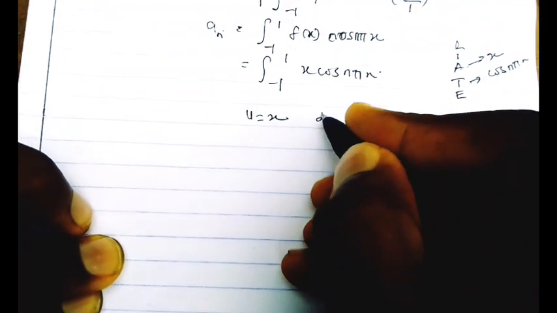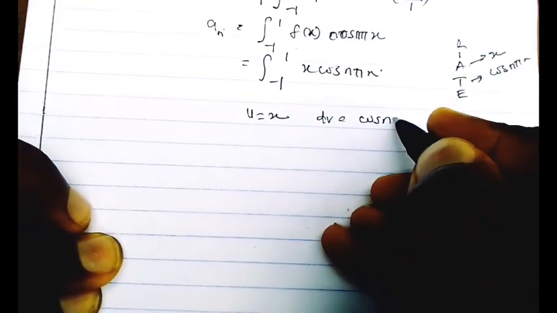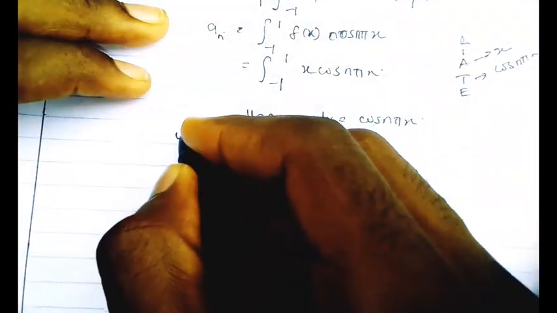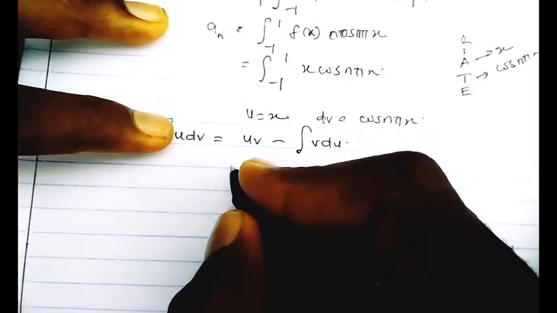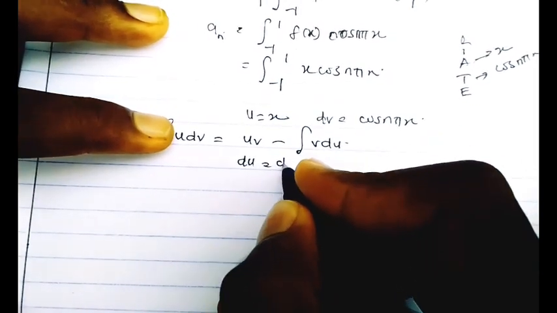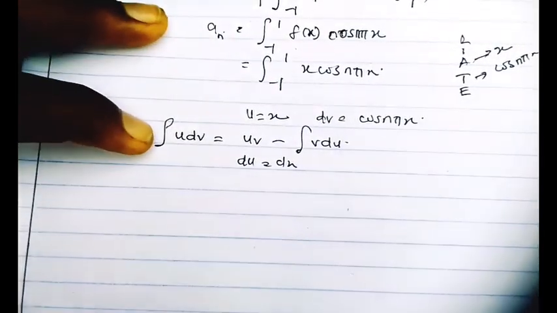So u is equal to x, and my dv is equal to cos n pi x. Applying the normal integration by parts formula, which says the integral of u dv is equal to uv minus the integral of v du, let's differentiate my u. If I differentiate u equal to x, I have du dx equal to 1.